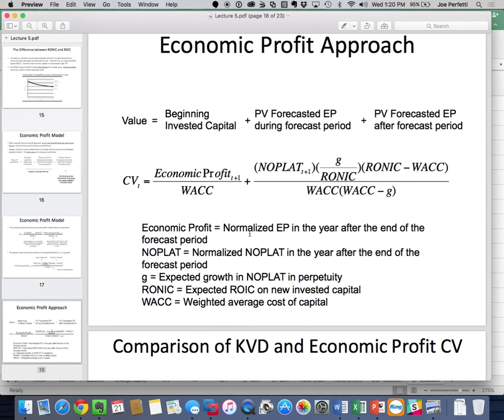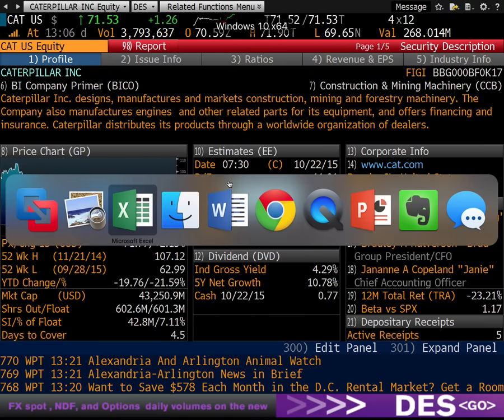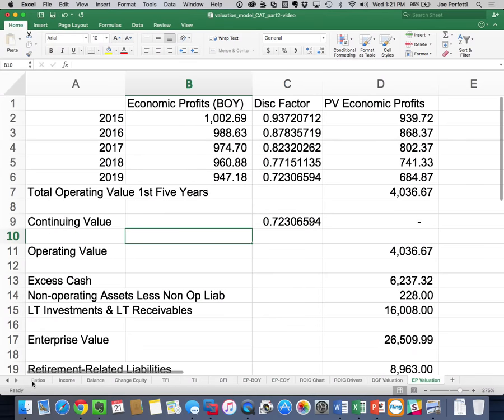So we have to put that formula with the correct order of operations into our model. And this will actually be the hardest thing you have to do with this spreadsheet. There's 5 elements to it. There's something that's new, and it's the economic profit in T plus 1. Everything else is the same as the key value driver formula. Economic profit T plus 1 is the 2020 economic profit.